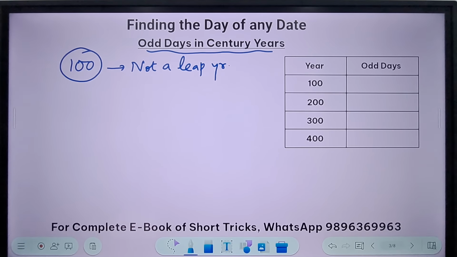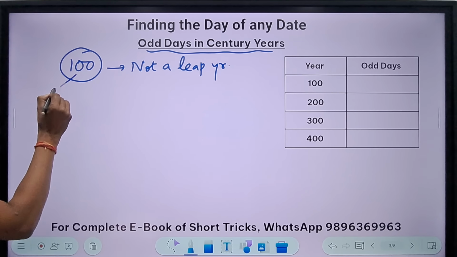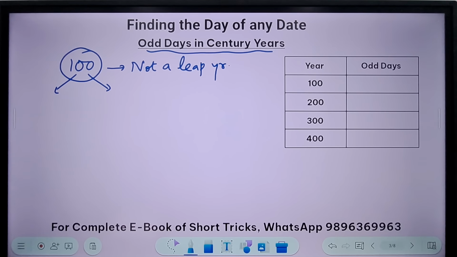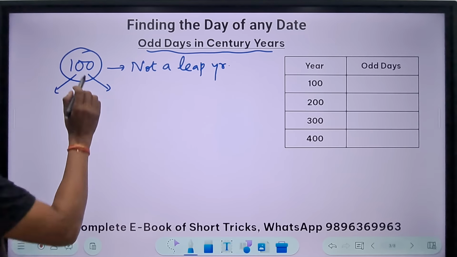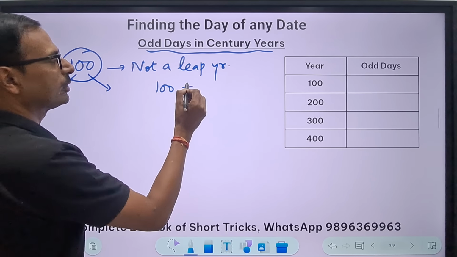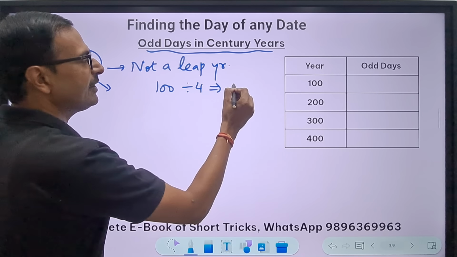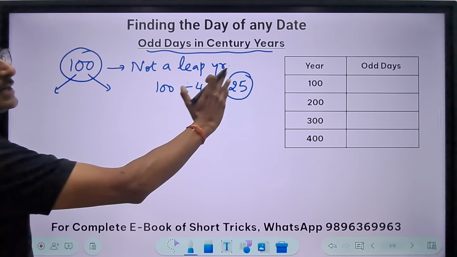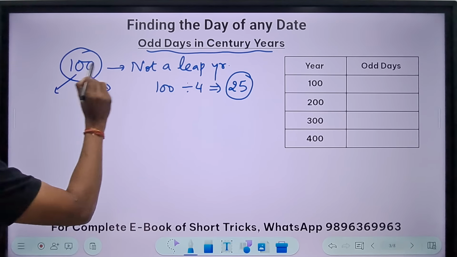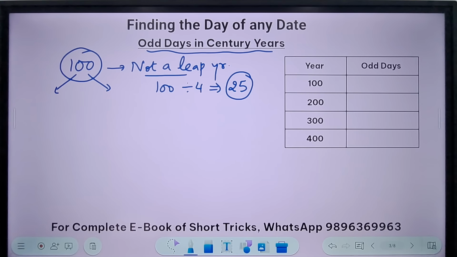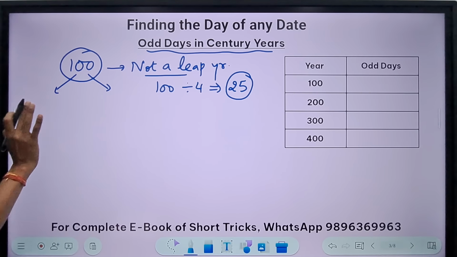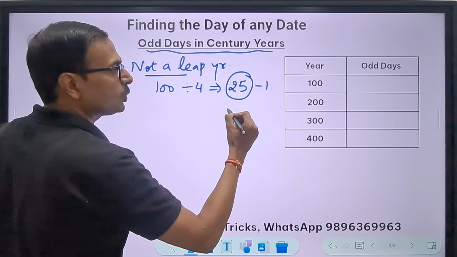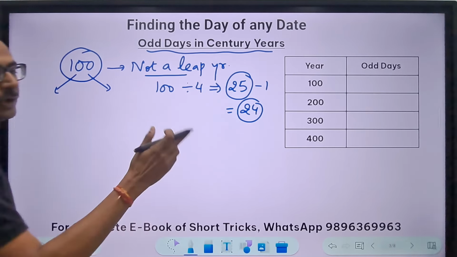Right? So that is the first thing you should know. Now, in 100 years, how many are normal years and how many are leap years? So if you divide 100 by 4, you will get 25. So it looks like it has 25 leap years because every fourth year is a leap year. But 100 itself is not a leap year, and therefore in the categorization of normal years and leap years there will be 24 leap years, not 25.